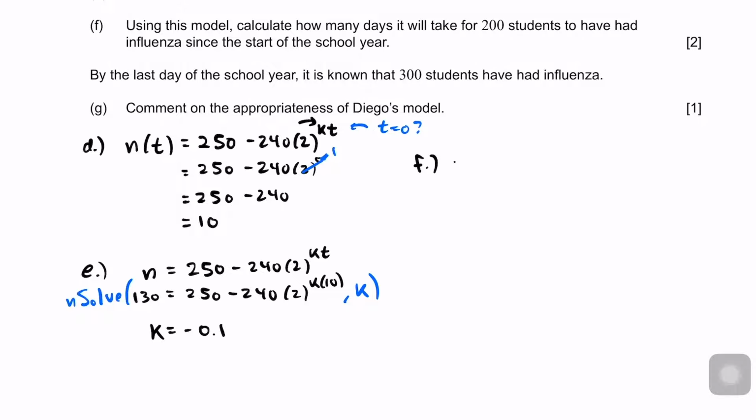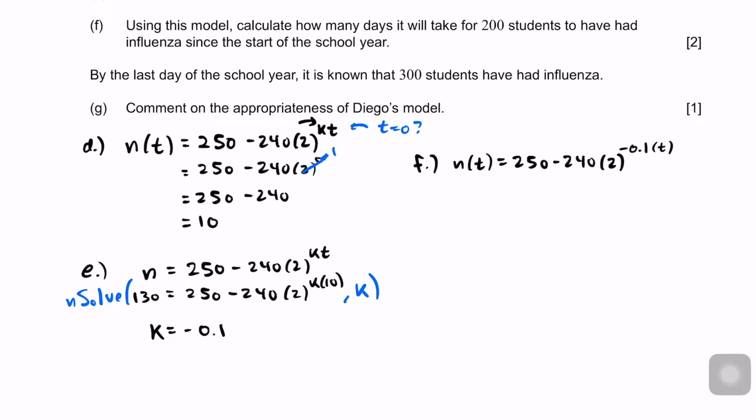We're relating the number of students with influenza as a function of time, and originally it was 250 minus 240 multiplied by 2, and we didn't know what k was. But now we know k is equal to negative 0.1, so we can actually substitute this value and write negative 0.1 multiplied by some value of t.